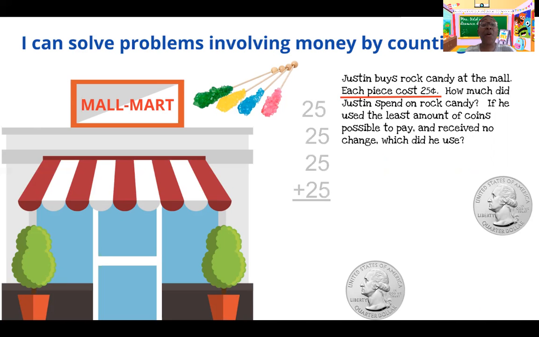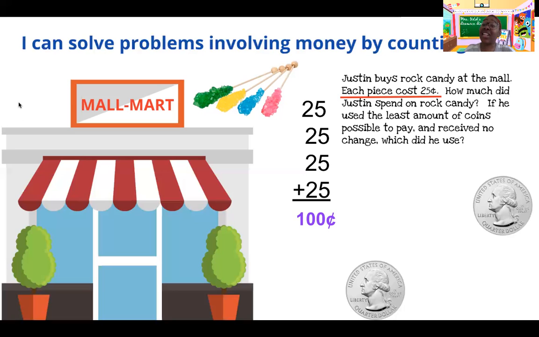That's right. We'll add 4 times for the 4 pieces of candy. And 25 plus 25 plus 25 plus 25 is 100 cents.